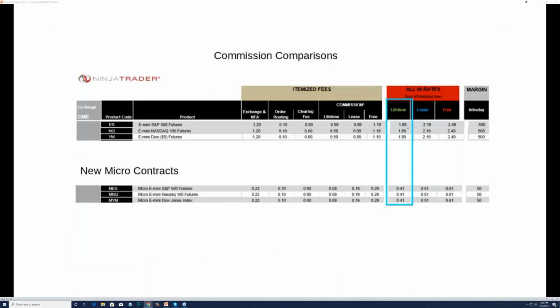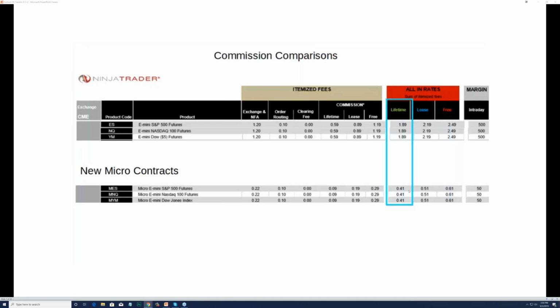You can get as low as $1.89 round trip per contract for a regular contract, for the ES or the NQ or the YM. And that's static. With different brokerages and different share amounts when you're trading stocks, you have all these different configurations of what the commissions are going to end up being for you. But you can get down to where you just have a static commission.